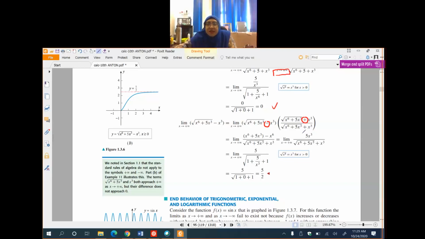In this case, it will give you infinity over infinity. So you divide with the highest order of the denominator, x to the power of 3.